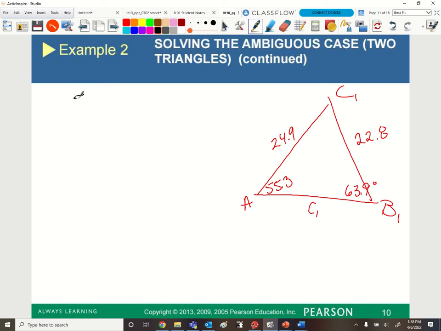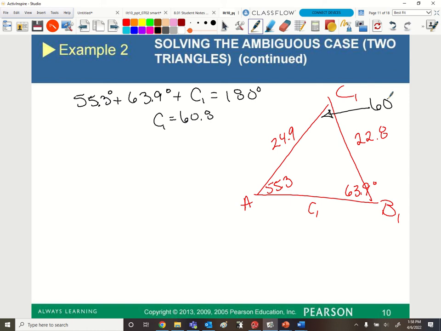So I'm going to say that 55.3 degrees plus 63.9 degrees plus C1 is equal to 180 degrees. So C1 is 60.8 degrees.